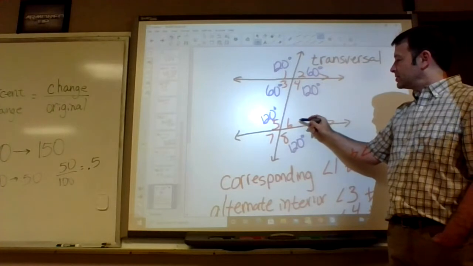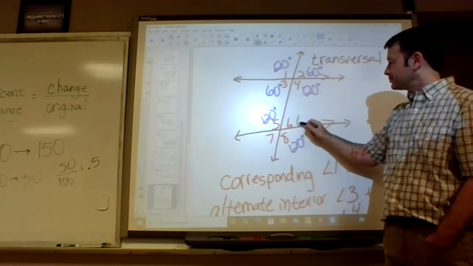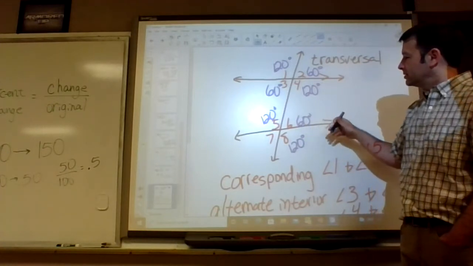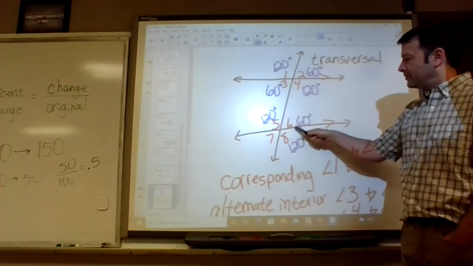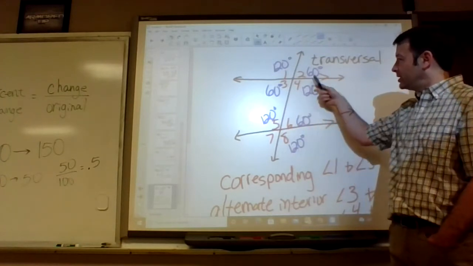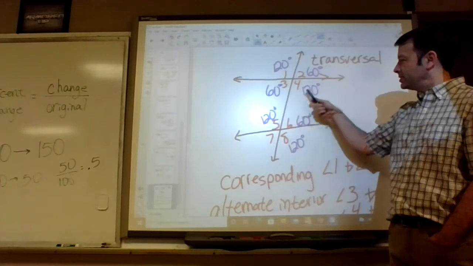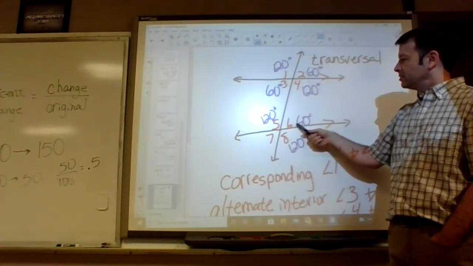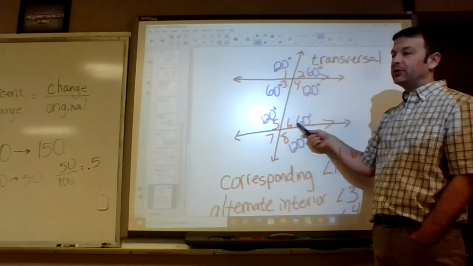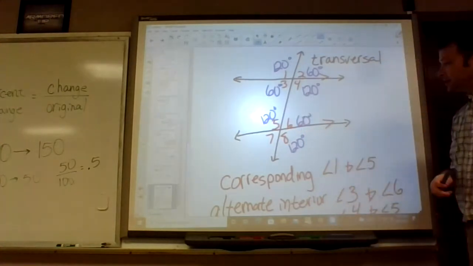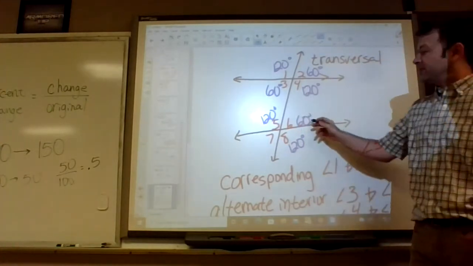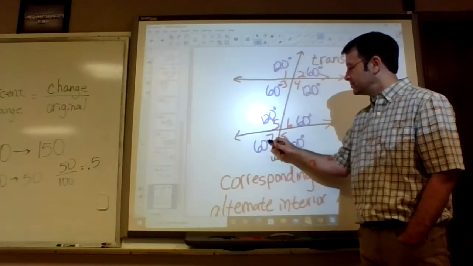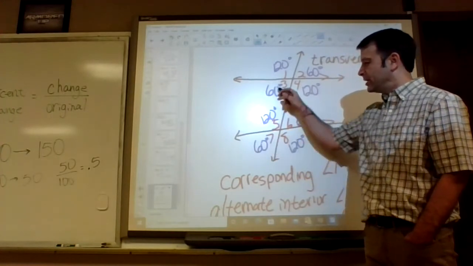Why is 6 60? Well, because these two have to add up to 180, or these are, what kind of angles are these? Adjacent. Corresponding angles are congruent. That's the postulate we just learned. So this one has to be 60 because they're vertical, or because corresponding angles are congruent.